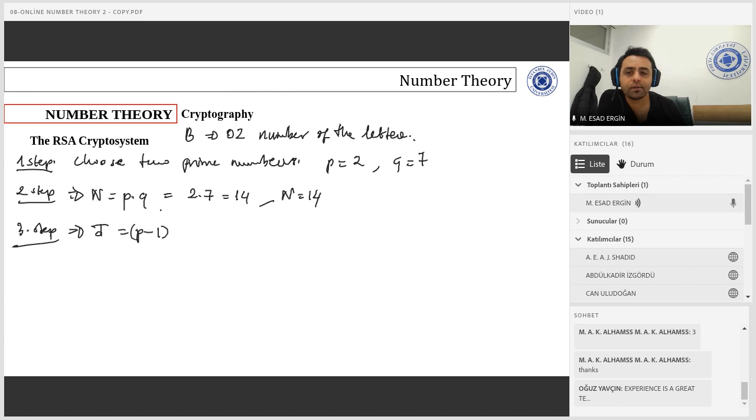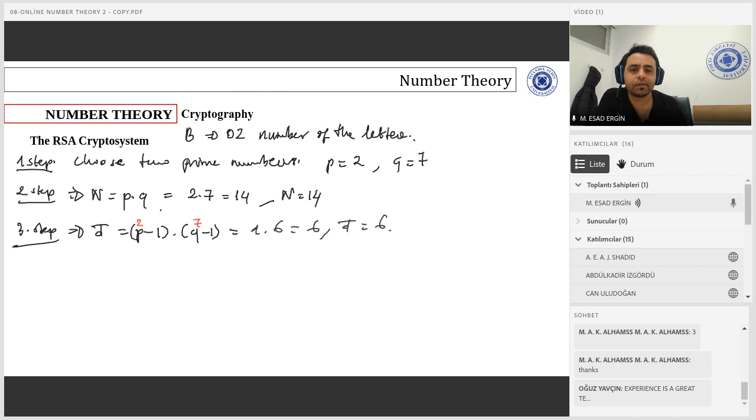P minus 1 multiplied by Q minus 1, which is 1 multiplied by 6, which is 6. So the Euler totient equals 6.